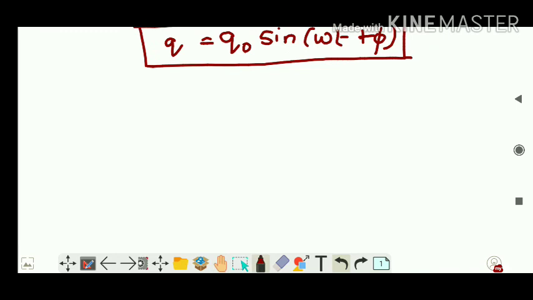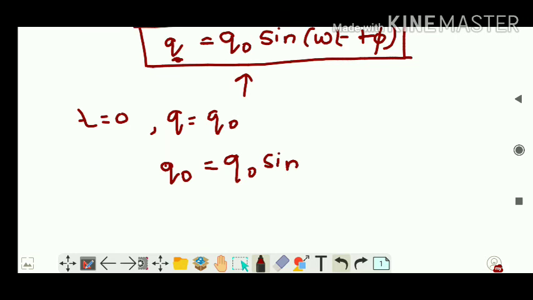At t is equal to 0, suppose I consider the initial condition where the capacitor is fully charged. So q is equal to q naught, that is the maximum charge. Now substitute this value here. q is equal to q naught means q naught is equal to q naught sine omega into t, which is 0, plus phi.